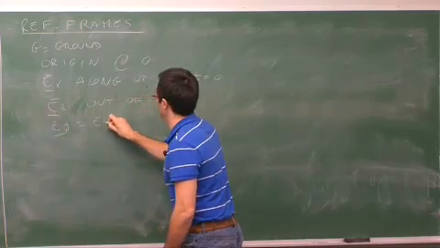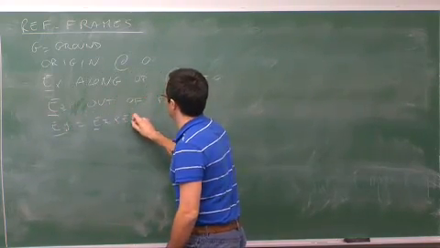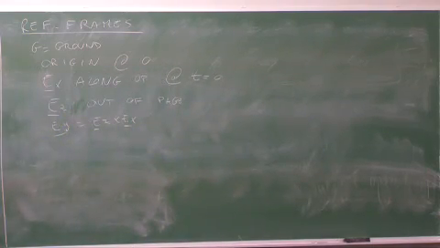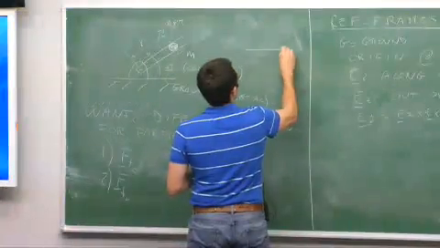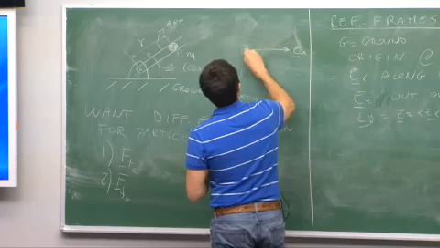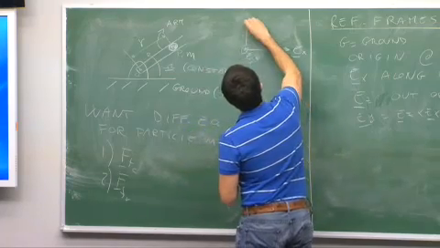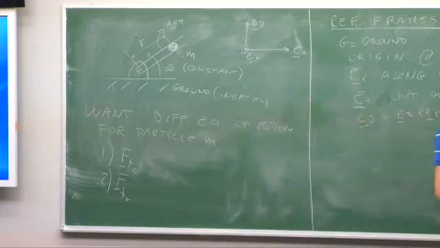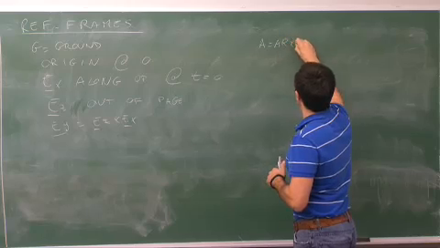EY is EZ cross EX. Okay, so this is what I have. EX, EZ, EY, right? Okay. And then I have A, the arm.